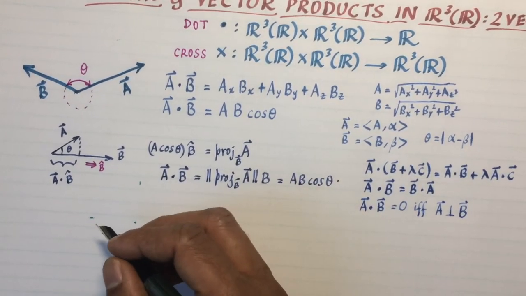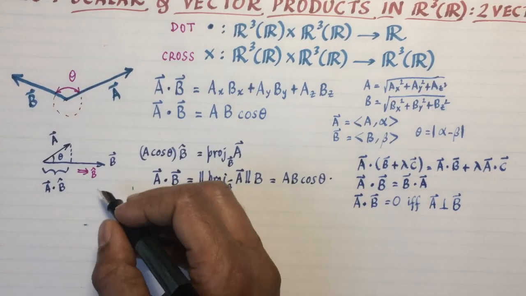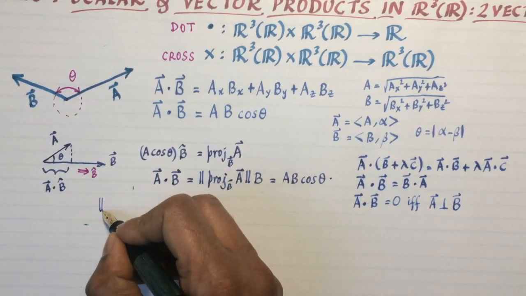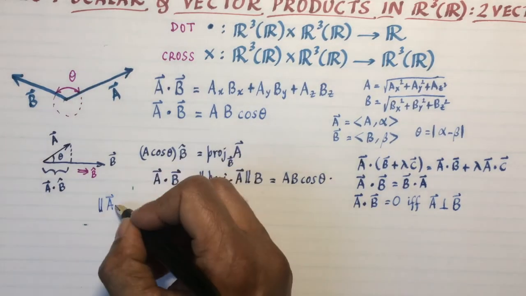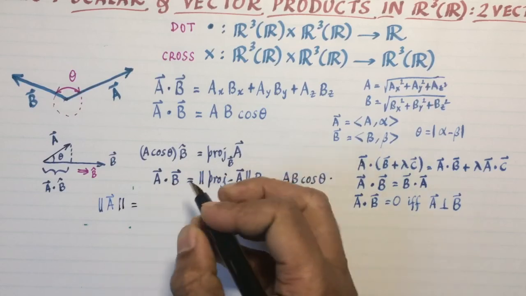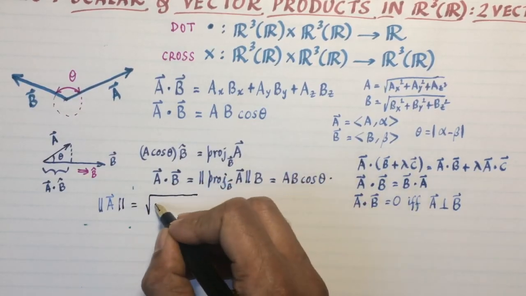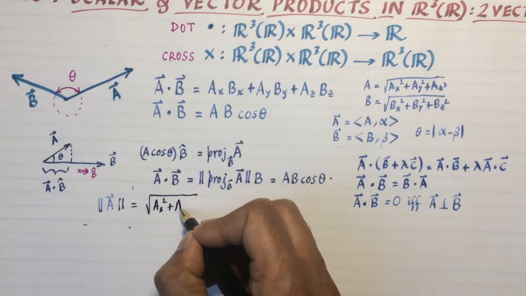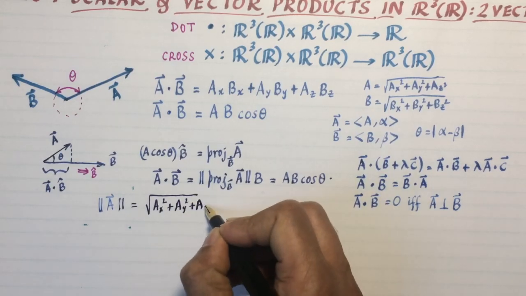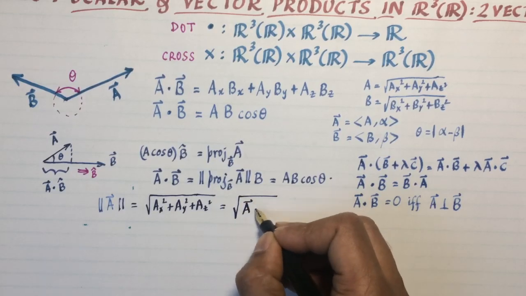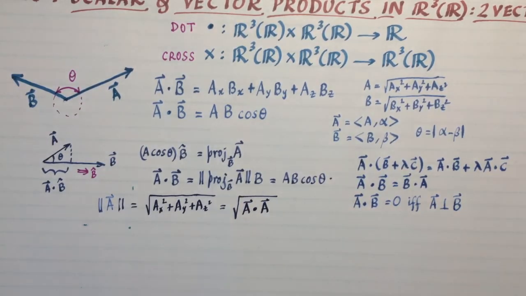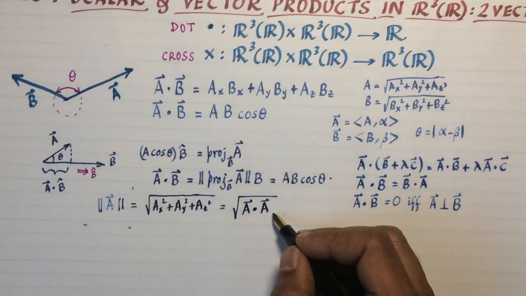Now, there's one more factor that we have to consider, and that is, what does the norm look like? The norm of A itself, if I think of the vector A by itself, let's write down what it is. It's the square root of ax squared plus ay squared plus az squared. But that can be written as the square root of A dot A, because A dot A is A squared times cosine 0 degrees.